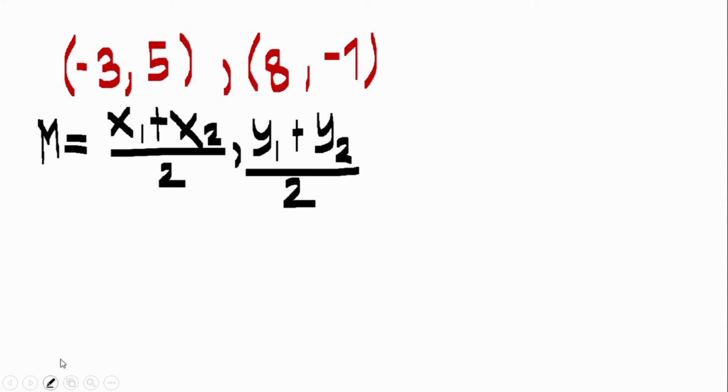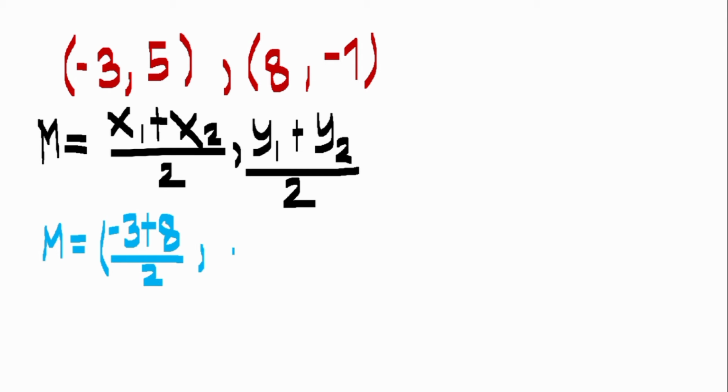So first, let's substitute the following x and y values. So we have x sub 1 is -3 and x sub 2 is +8, then divide by 2. Then y sub 1 is +5, then y sub 2 is -1, then divide by 2.